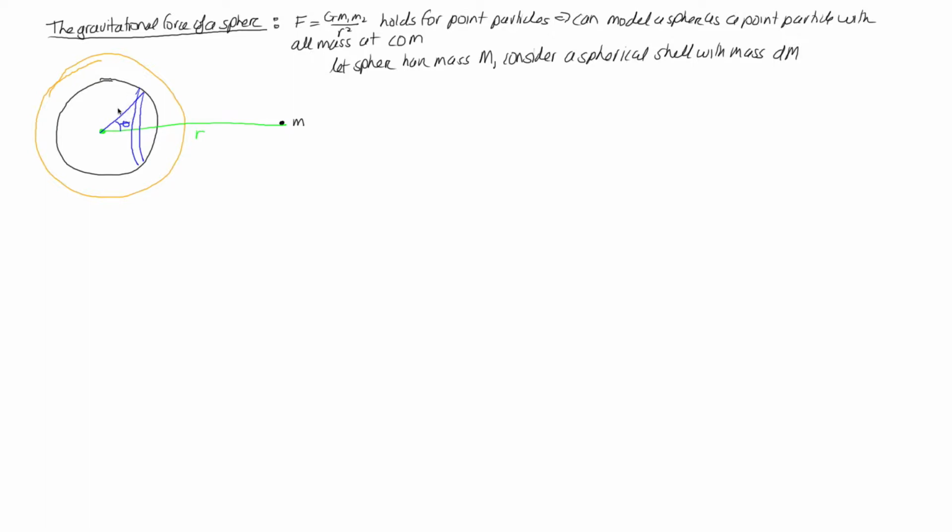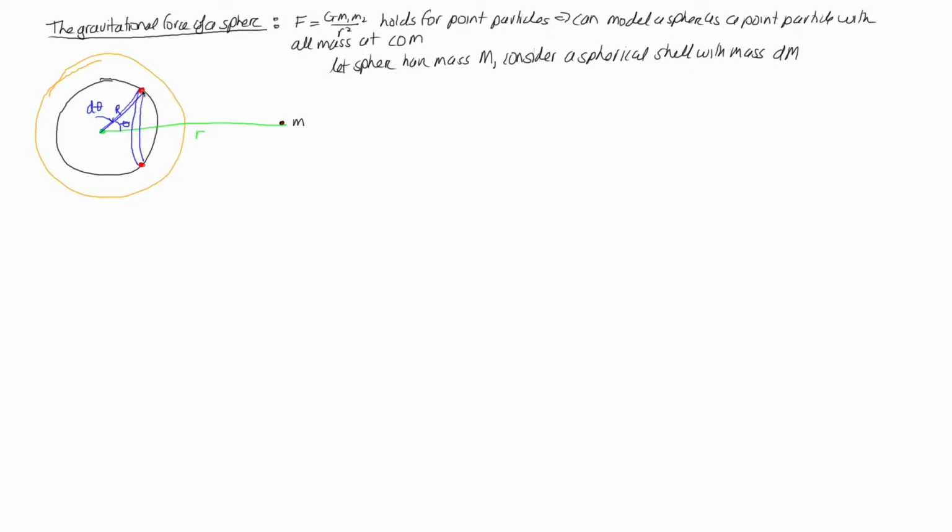Our shell has a radius capital R, and we're considering just the part of it between theta and theta plus d theta. So this little width in here is d theta. So we're going to start by considering the force on m from a little point up the top and a little point down the bottom around this ring.